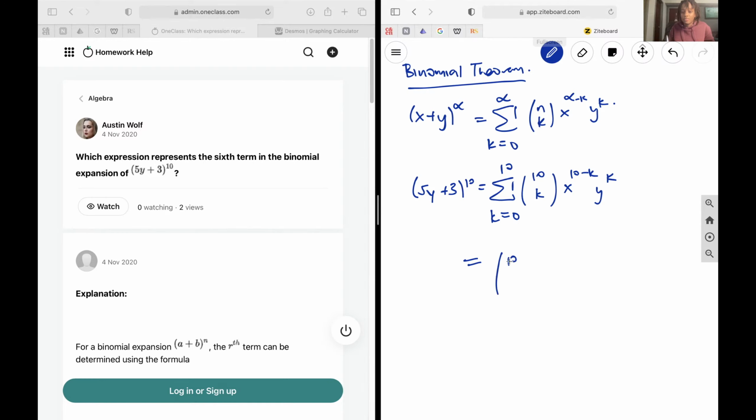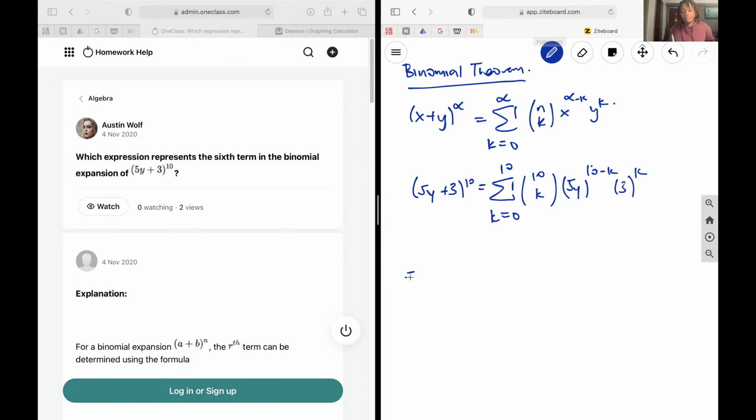So my first one is going to be 10 choose 0, x to the power of 10 minus 0, which is 10. Sorry, I need to change these two. My x becomes 5y all to the power of 10 minus k, and my y becomes 3 to the power of k.